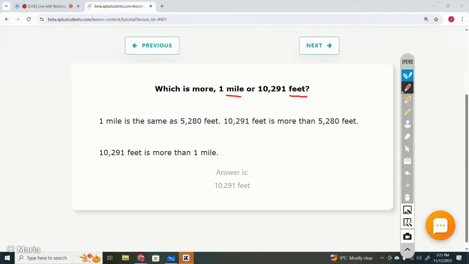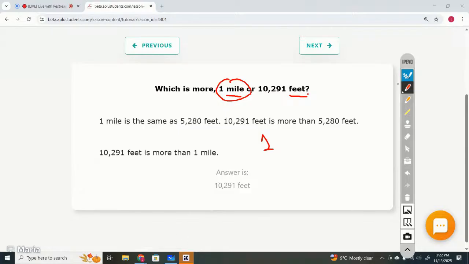We cannot measure the length in different units. They must be in the same unit. One of them is miles, one of them is feet. So we are going to convert that 1 mile to feet.